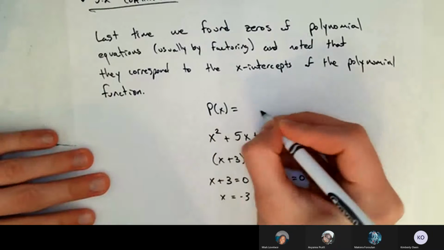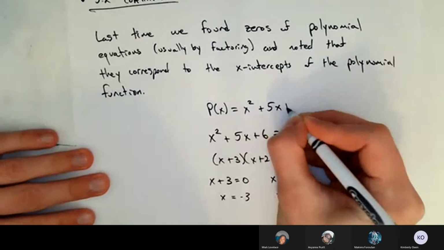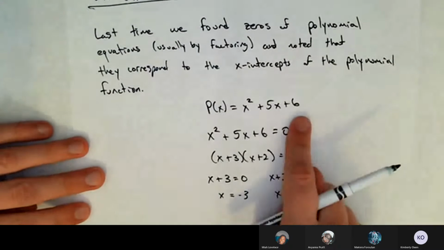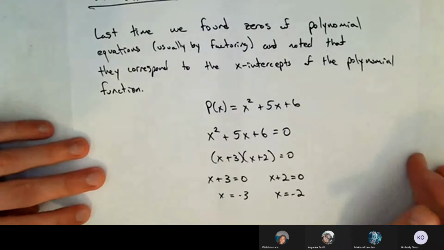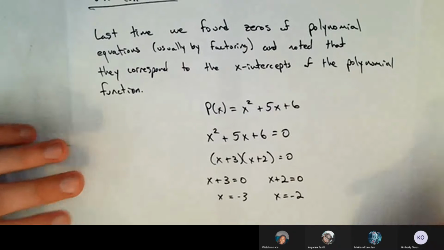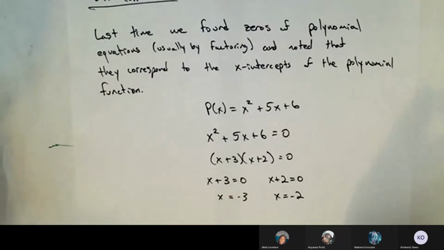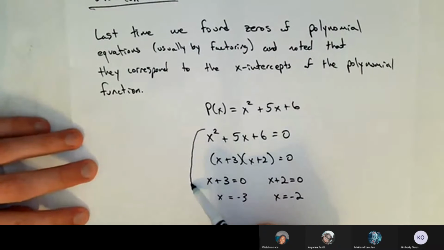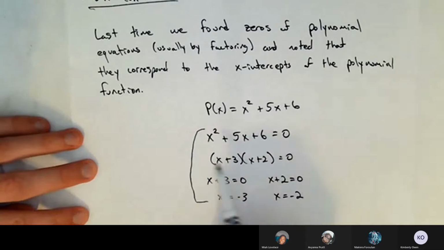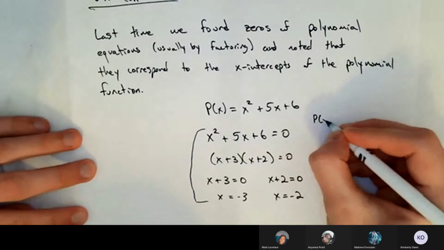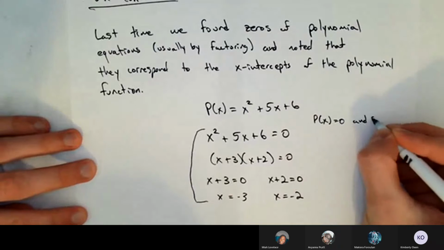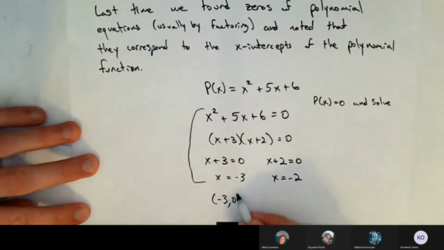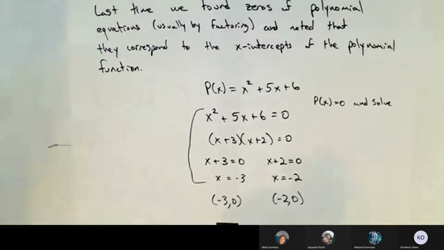If we want to find the x-intercepts of this polynomial function, which we do because this whole chapter is about graphing polynomials, that is the same as finding the zeros of this equation. So we set p of x equal to 0 and solve, and we come down to solutions to the equation, and these correspond to x-intercepts. That's what we were doing last time.